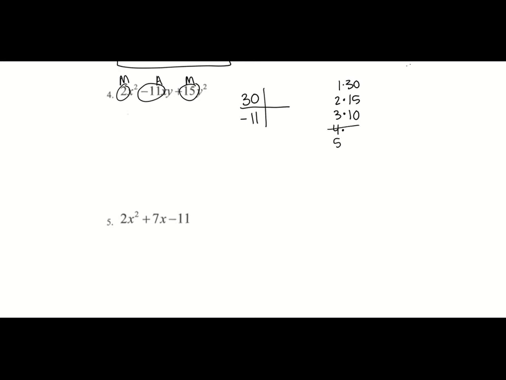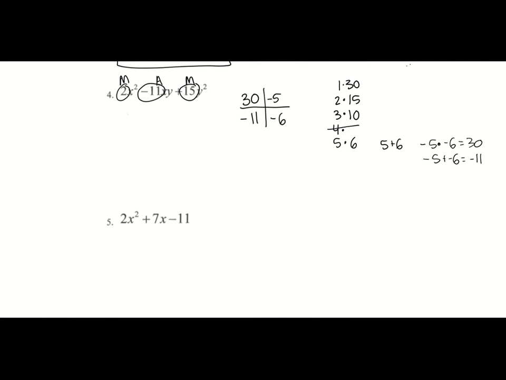Let's see, I have 5 times 6. 5 plus 6, that is 11, but I want negative 11. So if I make both of those numbers negative, a negative 5 times a negative 6, I still get 30, and negative 5 plus negative 6 gives me my negative 11. So those are going to be my answers. I've got negative 5 and negative 6.